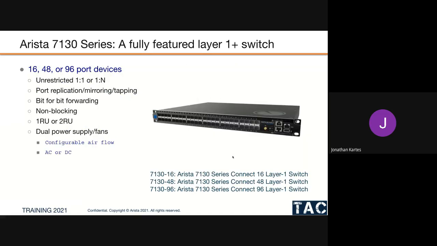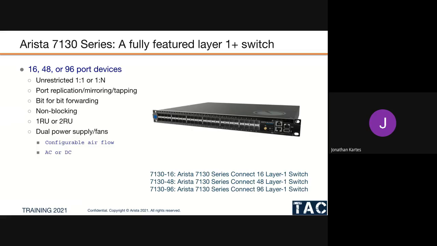Speaking of the boxes, the typical deployments are 16, 48, or 96 port devices. 16 and 48 are 1 RU. 96 port devices are always 2 RU. These are unrestricted 1-to-1 or 1-to-N. You can do port replication, you can do mirroring, you can do tapping. We mentioned the bit for bit forwarding, right?